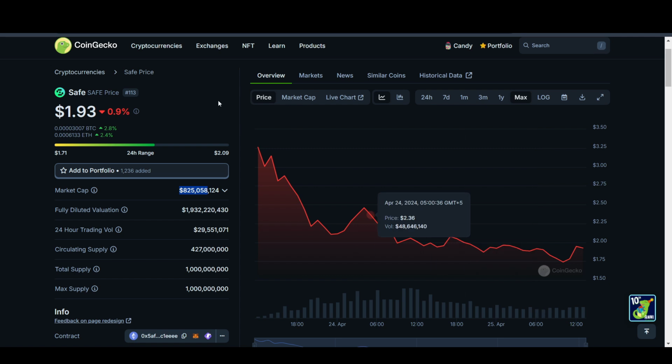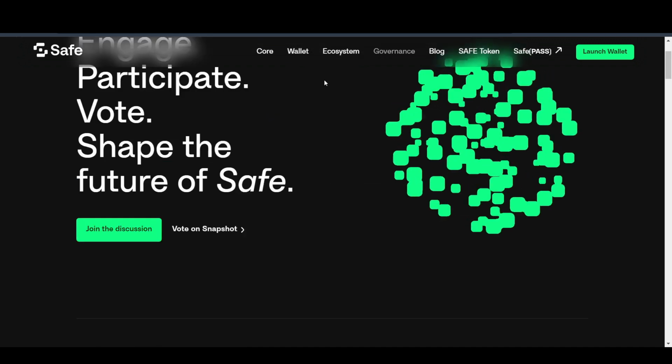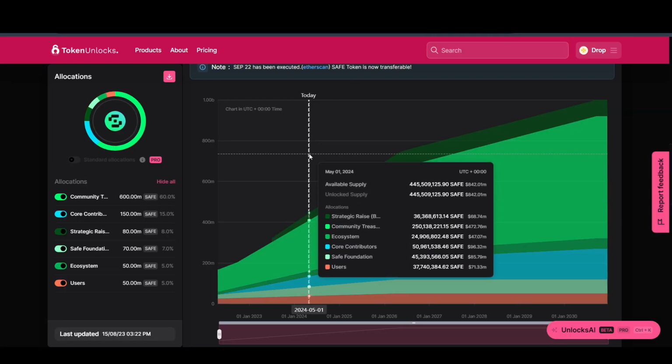Besides that, I think this coin has a pretty good utility, and they also have the Safe program and Safe token as well. It also has Safe governance, and we also saw pretty good growth over time, and I think that is most likely why it will have a demand over time. So I think it does have pretty good demand as well as pretty good utility, but we do have to be careful about the token allocation.